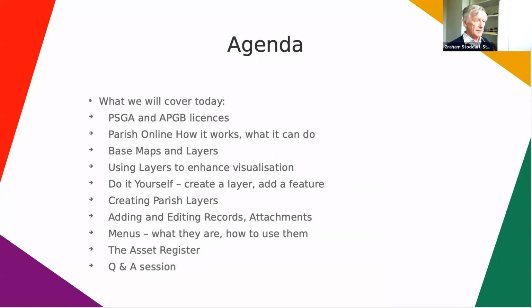So what we're going to talk about today is the licenses that make Parish Online work to the best advantage. I suspect you've all got these already, but we'll just mention them anyway. We're then going to go through how it works, what it can do, what maps and layers are available, and how you use them to give the best picture to people.